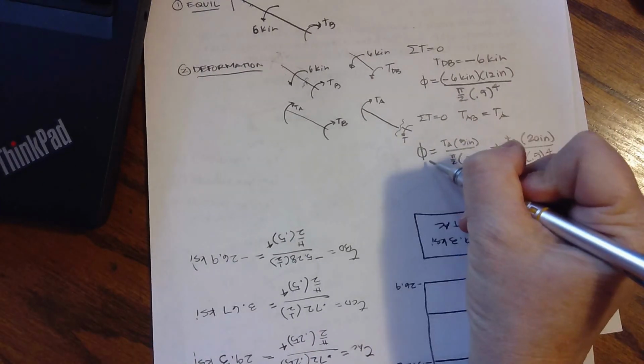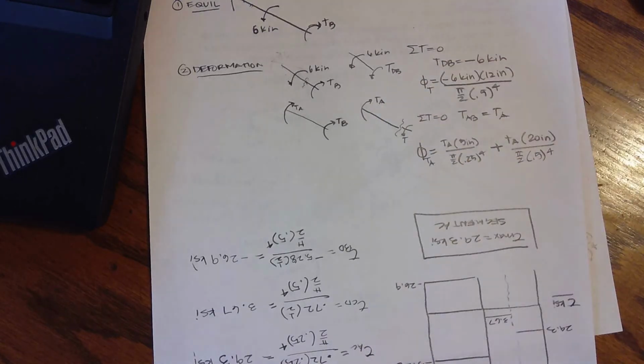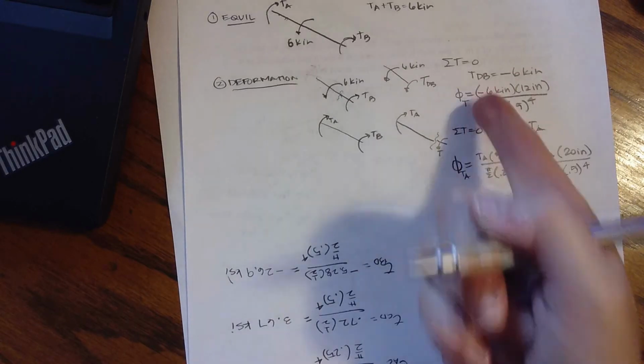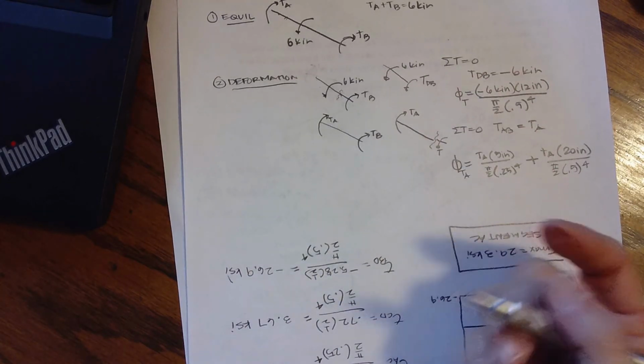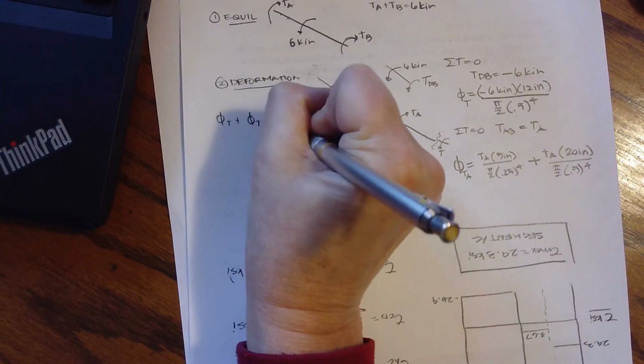This is the phi from my torque at A. The other is my phi from the actual torque on the system. I know that these two have to come back to 0, so phi of T plus phi of TA has to come to 0.